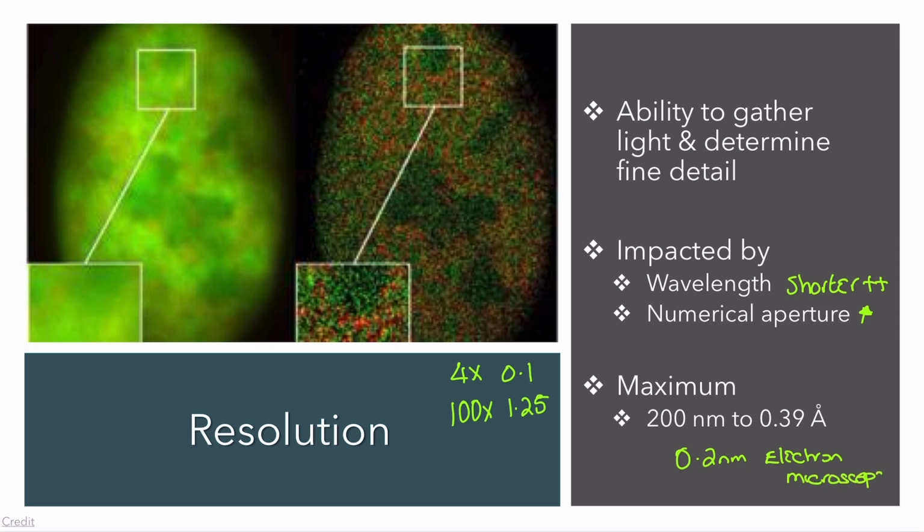And we do now have some other microscopes that will go even further, 0.39 angstroms. I'm not going to talk about those kind of microscopes. They're very expensive, but 200 to 0.2 nanometers, you should know that this is a higher resolving microscope. It's a much better microscope for seeing more detail.